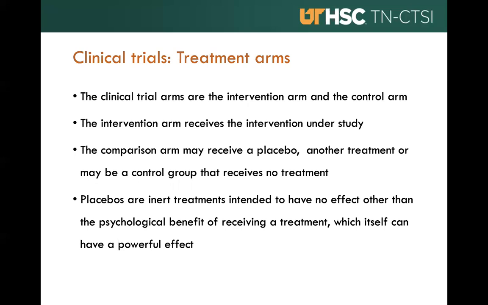When we look at the treatment arms in clinical trials, they are the intervention arm and the control arm. The intervention arm receives the intervention under study. This can be a drug or a medicine. It can be a biological agent.